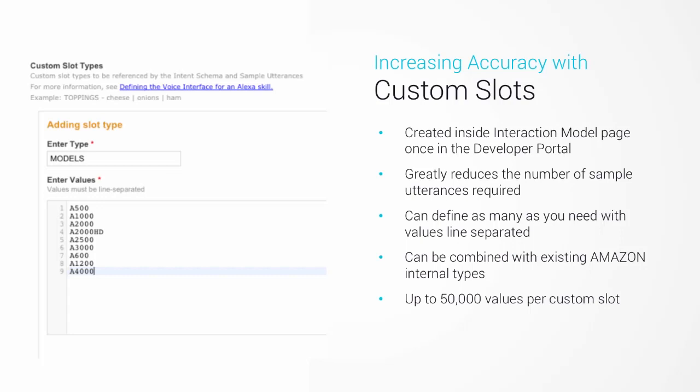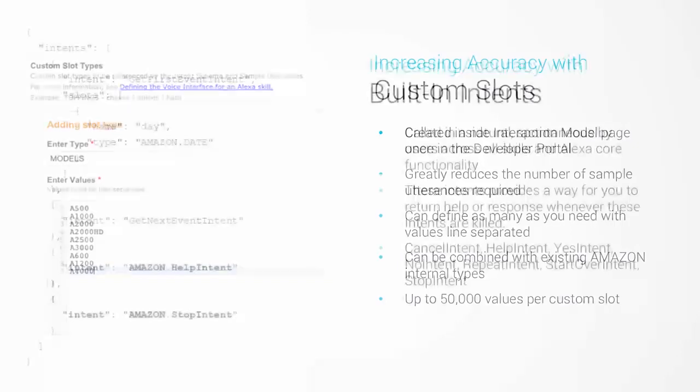And what this is doing under the covers is giving Alexa her best chance to match what's being asked. And that is why when you use a device, if you've used an Echo before, or any Alexa-enabled device, you don't have to say exactly what you're asking for. She can understand the intent behind it. And by having all of these custom slots and creating this interaction model, all of this will increase the accuracy so that your skill has a very good experience.